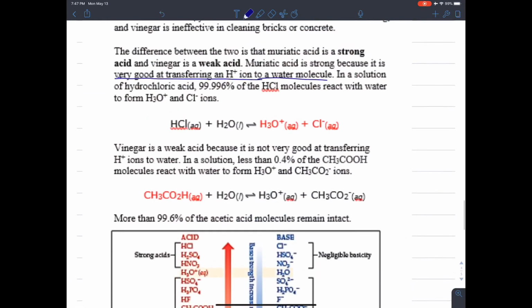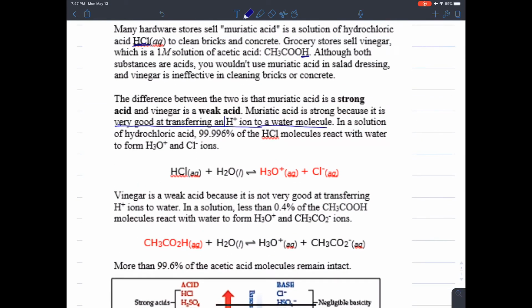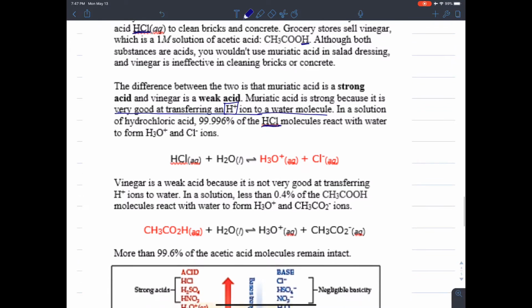So for something to be more acidic, it has to give up that H plus more easily. Something like HCl, a strong acid, gives up its H plus really easily. It dissociates easily. HCl is easily broken up into H plus and Cl minus when you put it in water.